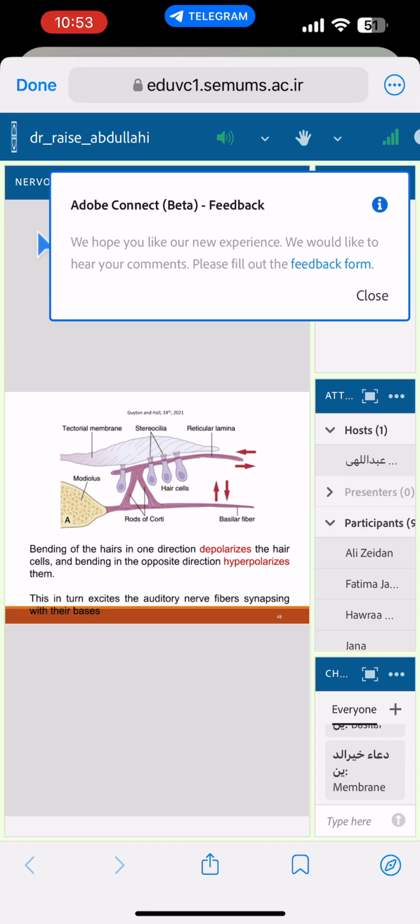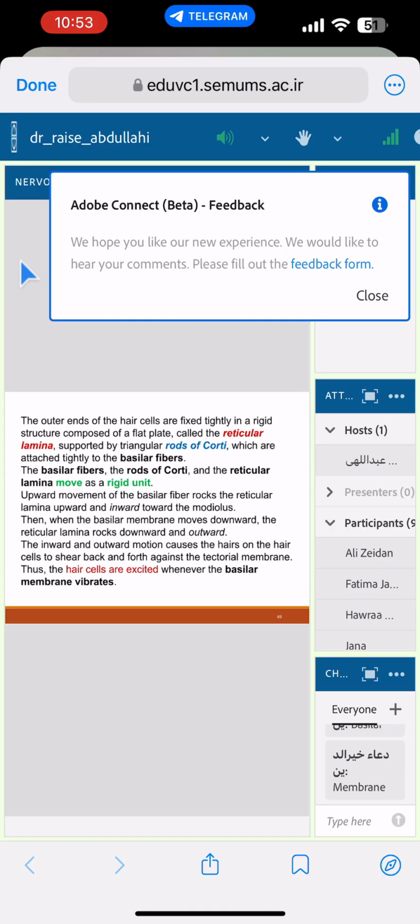So movement in one direction creates action potentials which will be transferred in the auditory nerve fibers, and bending in the opposite direction hyperpolarizes the hair cell, and there is no action potential in the nerve fiber.